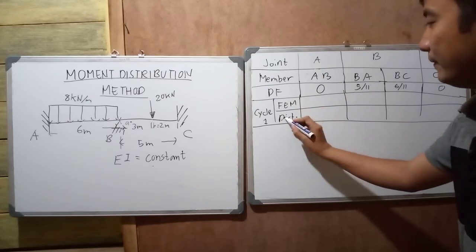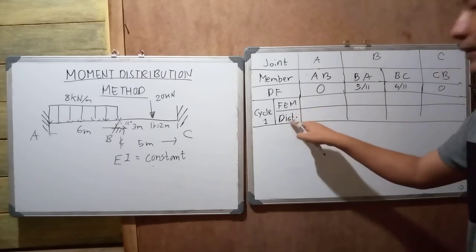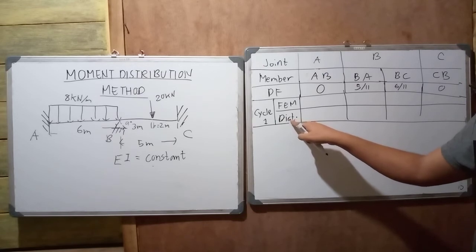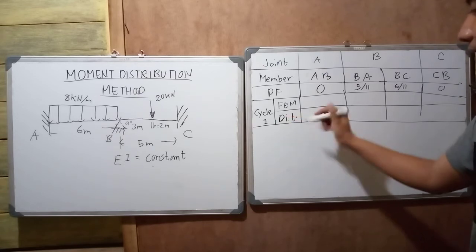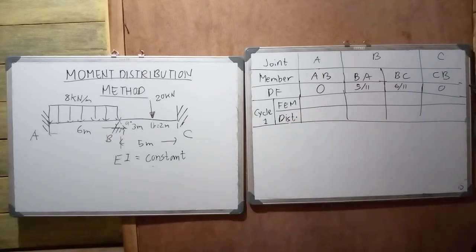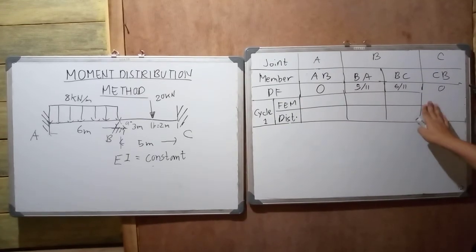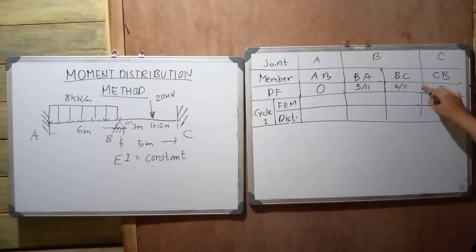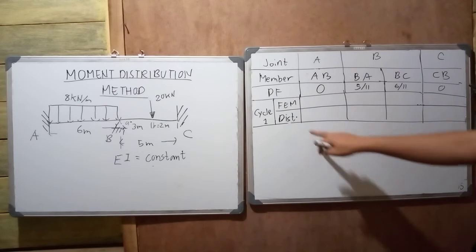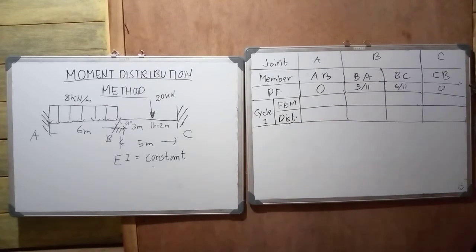Yung ibang libro, ang tawag dito sa distribution is balancing moments. Lalo na if yung nagtuturo is veterano na guro ng structural analysis. Dating mga libro is balanced to, okay? So this is the first cycle, okay?